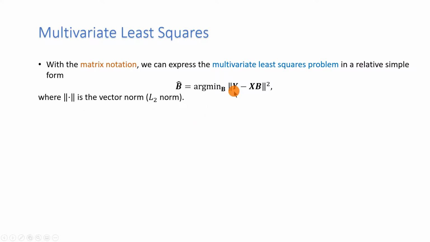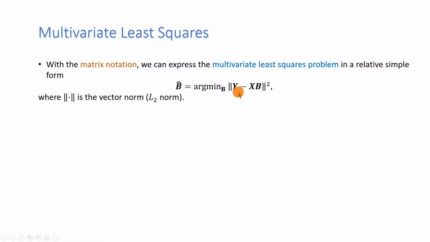If you have a vector, say A, of size p by 1, the L2 norm of A is just the transpose of A times A itself, which is considered the inner product of each element in this vector A, right?